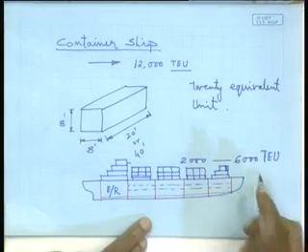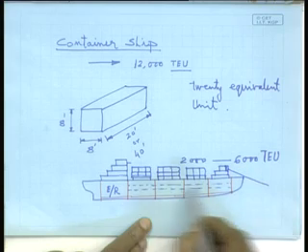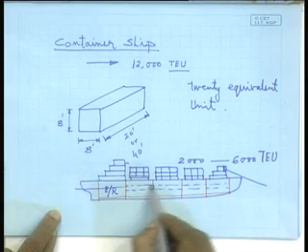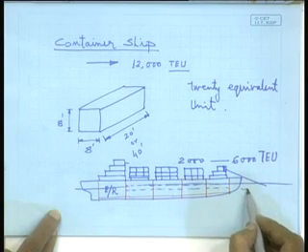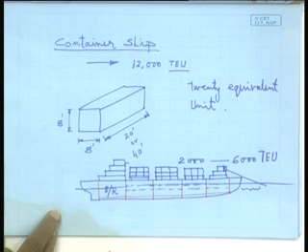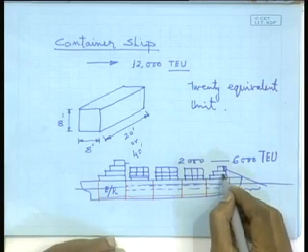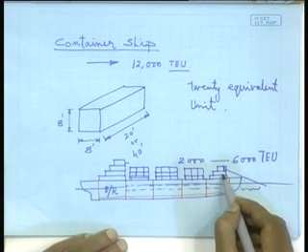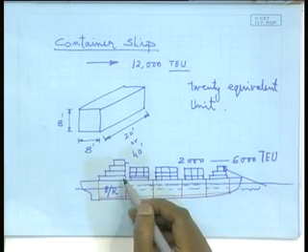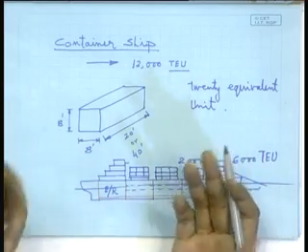That is solved by providing a forward superstructure. Then you have a very small blind zone, only this much, right. And very nicely you can house all the deck officers in the forward superstructure and the engineers in the aft superstructure. So, no problem, right.